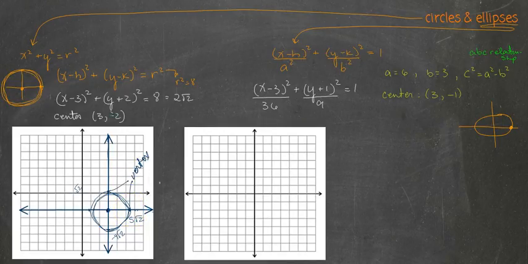This is also a vertex. This is also a vertex, and this is also a vertex. So on an ellipse, I also have vertices. Let's see if I can make that a little bit better of an ellipse. They just happen to be only considered vertices if they're on the longest part of the ellipse. So this is a vertex.